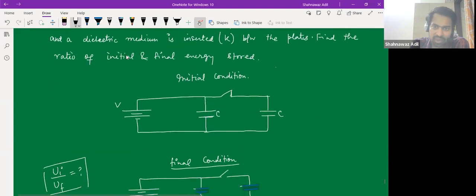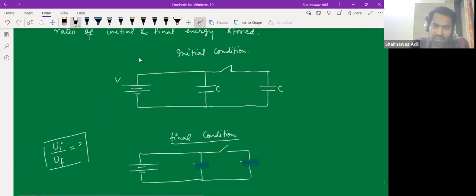Yes, sir. Okay, so this is the initial condition. This switch is connected, so there could be some energy stored in these two devices. Finally, the switch is disconnected and some dielectric medium is inserted between the capacitor.